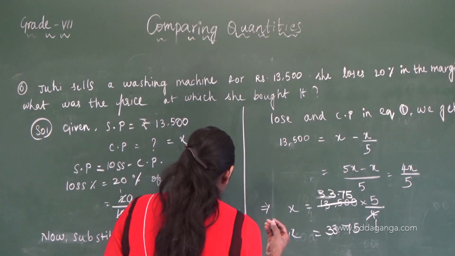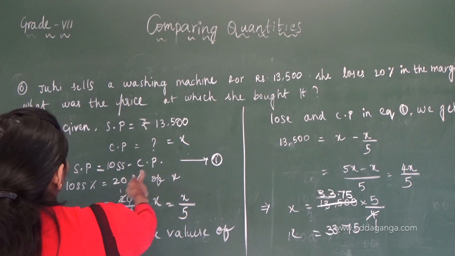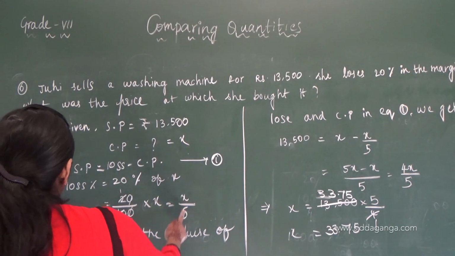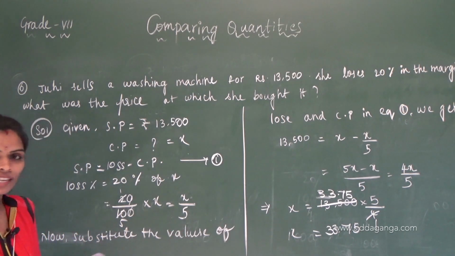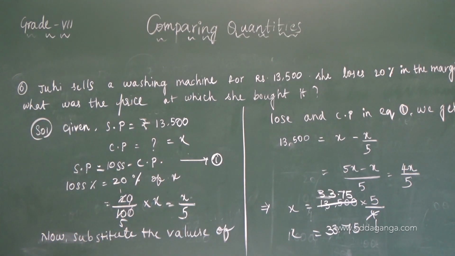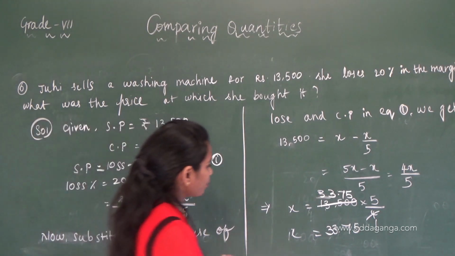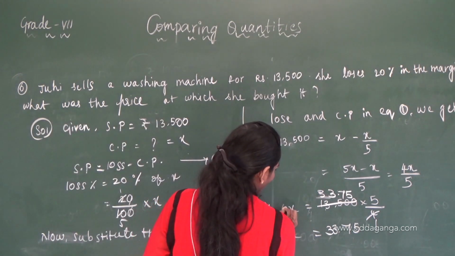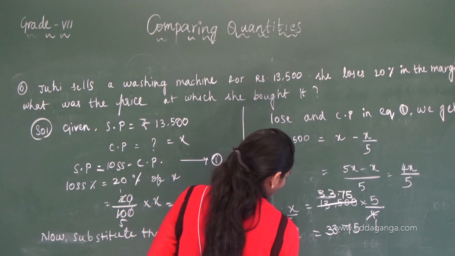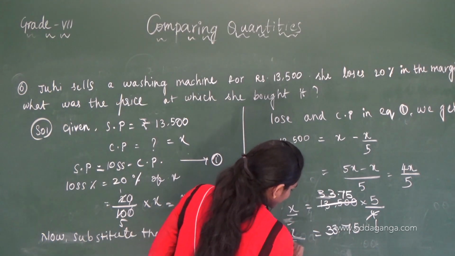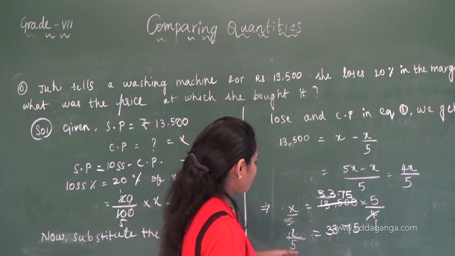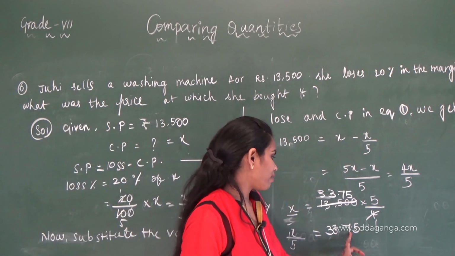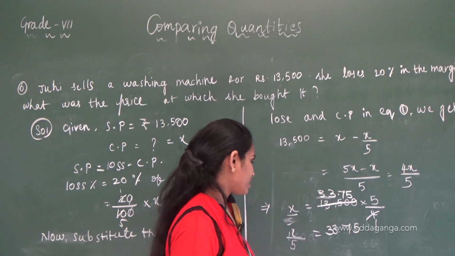Therefore x by 5, what is x by 5? What do we have to find now? x by 5 equals 33.75.